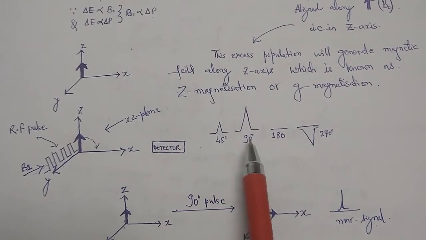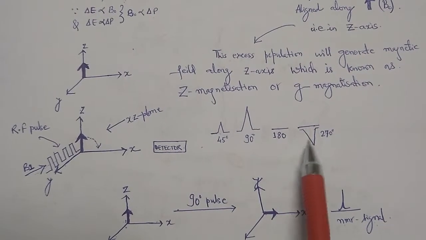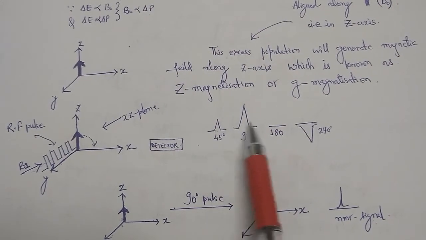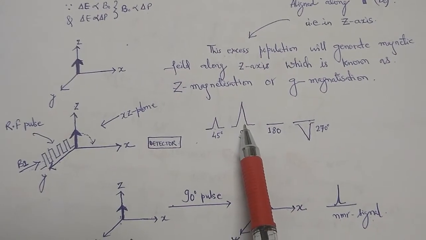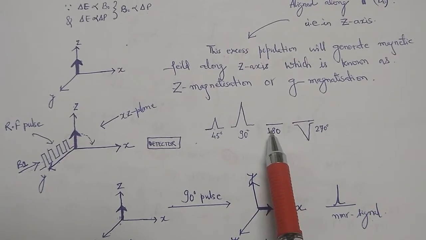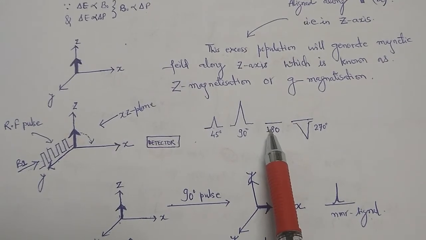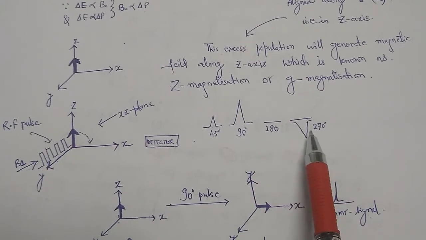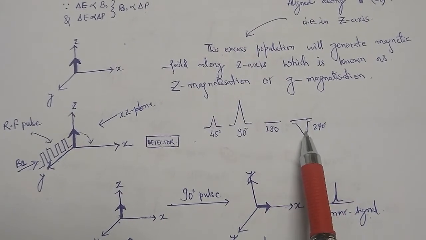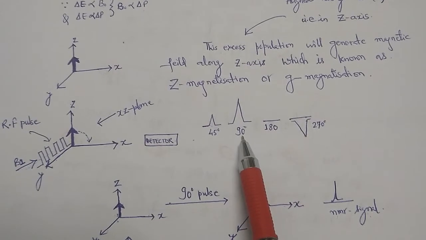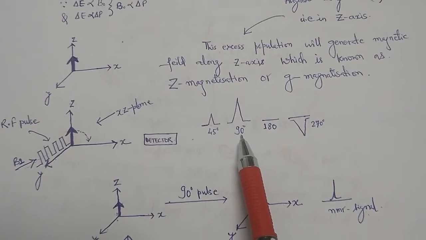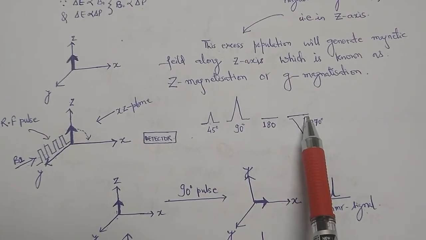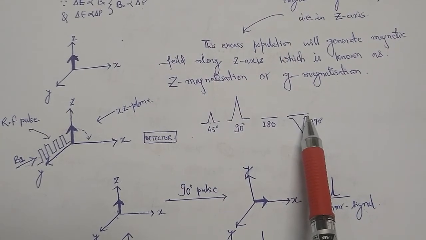Here we can see the different kinds of NMR signal. At 45 degrees, it is less intense than at 90 degrees, and in the case of 180 degrees it will vanish, and at 270 it is opposite to that of 90 degrees. These are all the radio frequency pulses at different rotational angles.